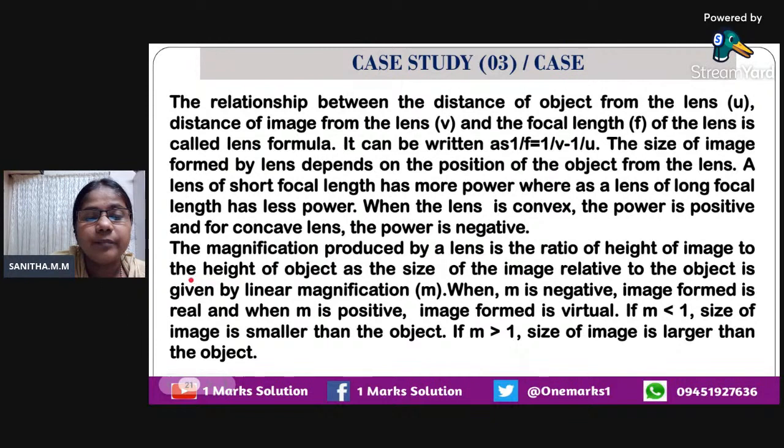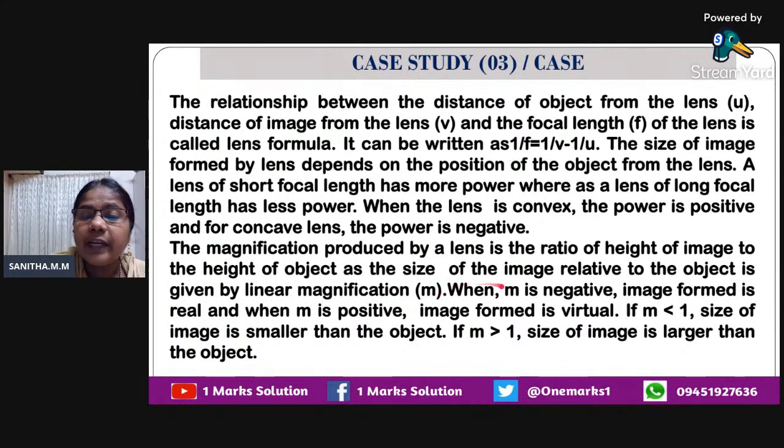The size of the image relative to the object is given by the linear magnification. Why have we specified linear? Because in telescopes we study angular magnification. You are studying only the basic thing, that is linear magnification.